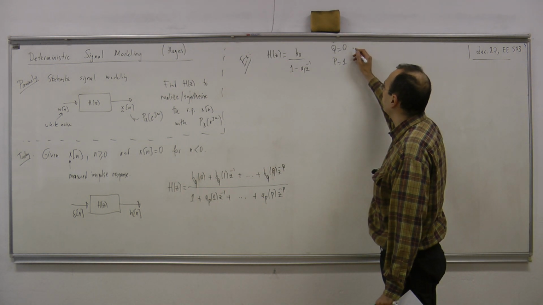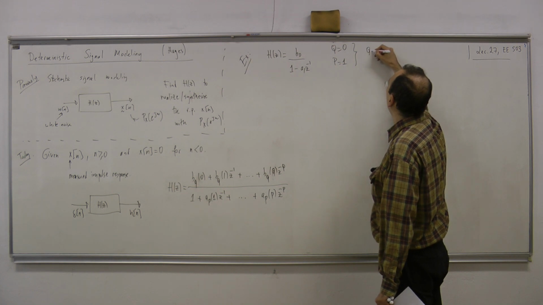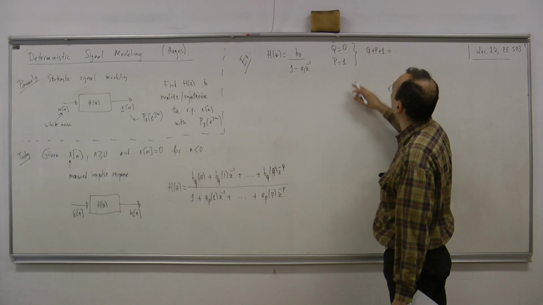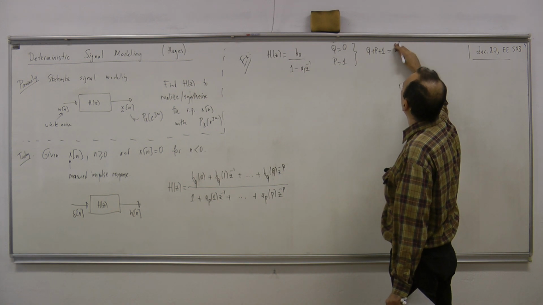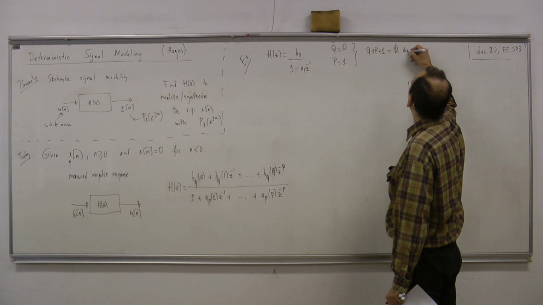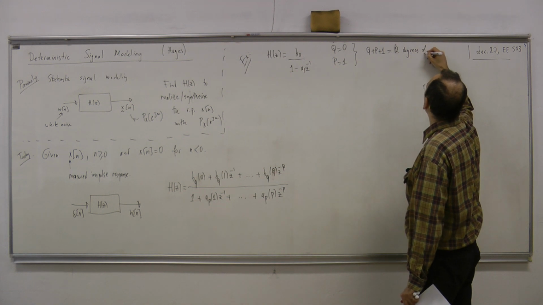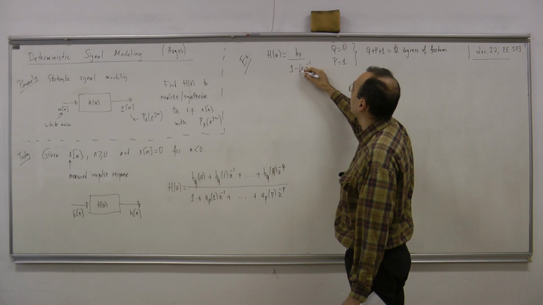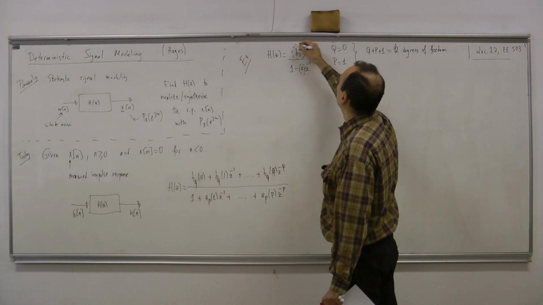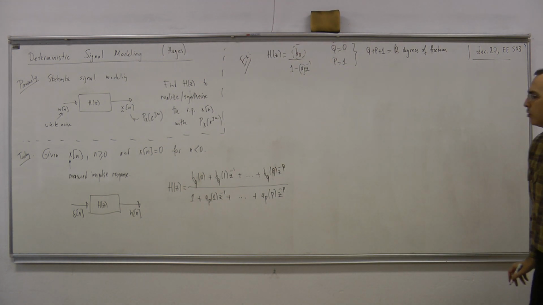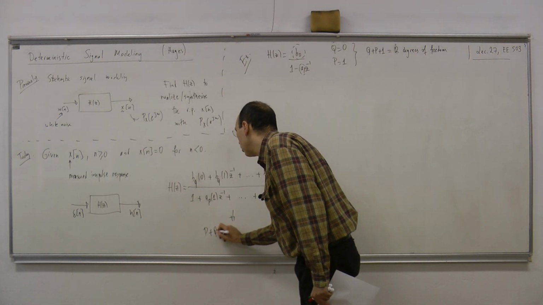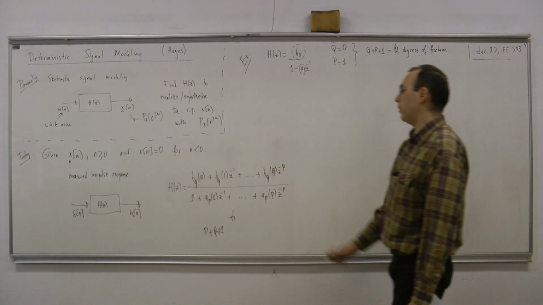So I have a total of q plus p plus 1, which is equal to 2 degrees of freedom. What do I mean? I need to set this a1 and I need to set this b0. So in general, you can see that we have p plus q plus 1 unknowns in this problem.